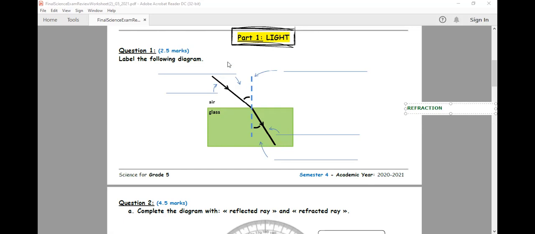Let's label the diagram. What do we call this light ray, the one hitting the surface of separation between the air and the glass?